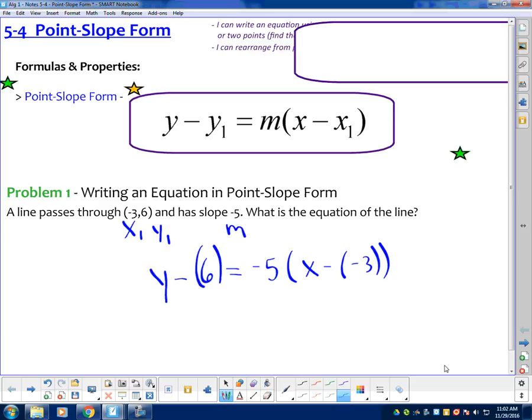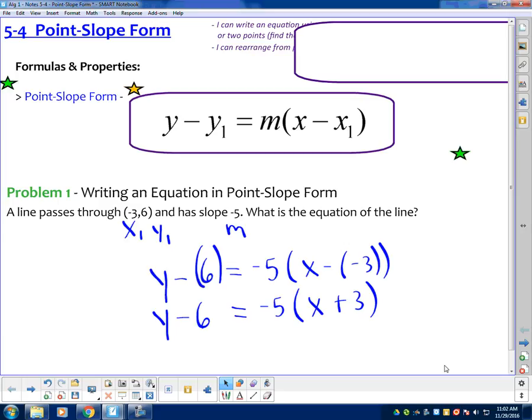Sometimes you'll have to clean it up a little bit in terms of signs. In this case, nothing changes on the left because the 6 is positive. On the right, because I'm plugging in a negative 3 for x1, this will become x plus 3 because I'm subtracting a negative number. So that's the equation of a line in point slope form.